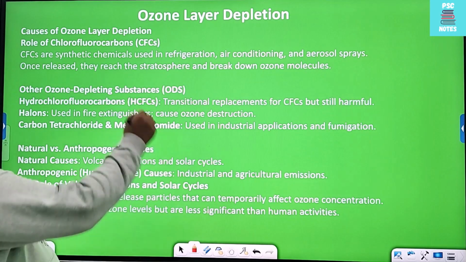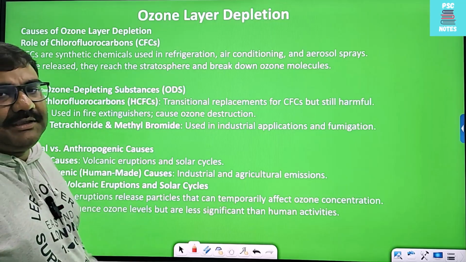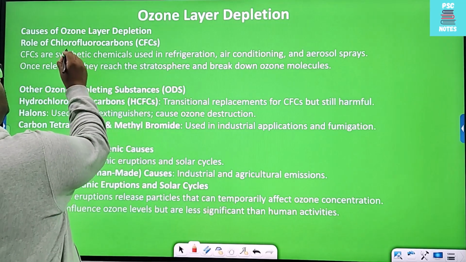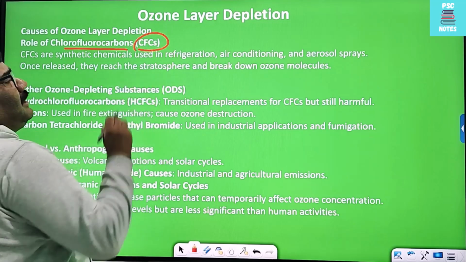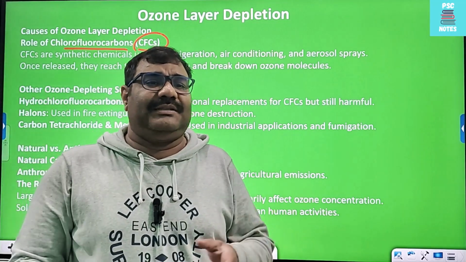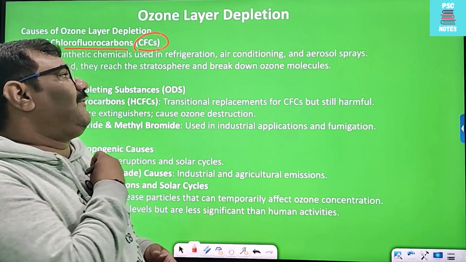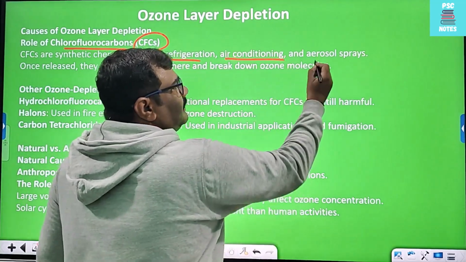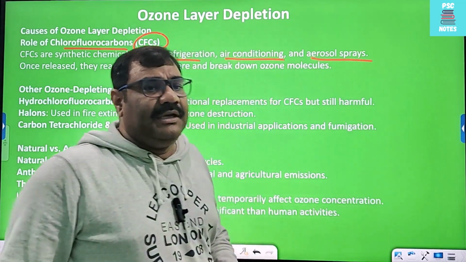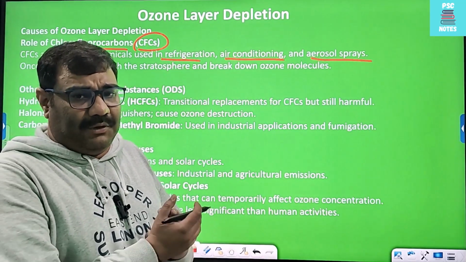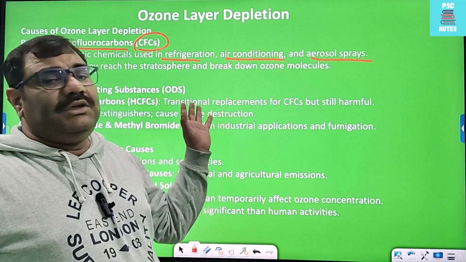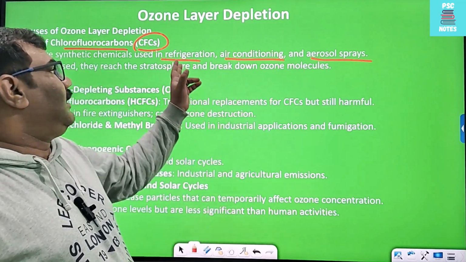The main factor which has affected the depletion of the ozone layer is chlorofluorocarbons. Chlorofluorocarbons were synthetic chemicals used in refrigeration, air conditioning, and aerosol sprays. Prior to the Montreal Protocol, they were highly used, and they were the only source for refrigeration.